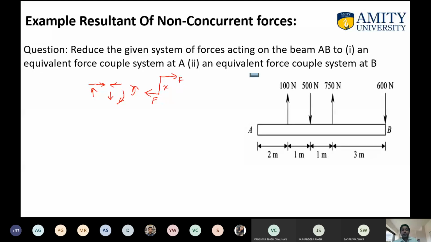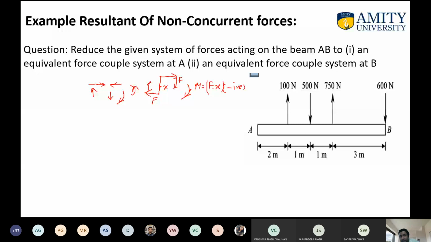At this point, simply you have to draw a moment, because the sense is clockwise, it is rotating clockwise. So directly you will write here, moment should be equal to F into x, and the direction here will be negative. Why? Because it is trying to rotate in the clockwise direction. So this is the meaning of a force couple system.